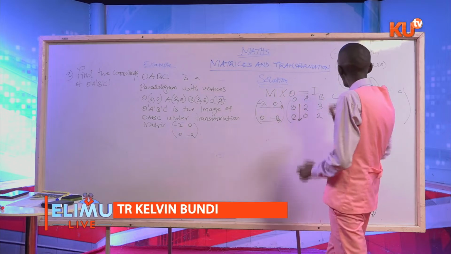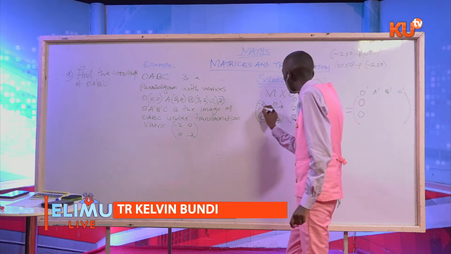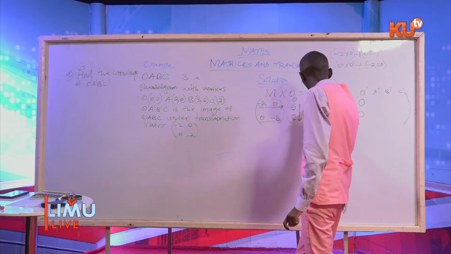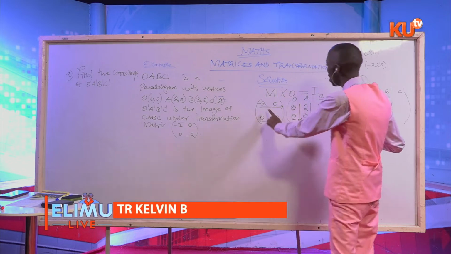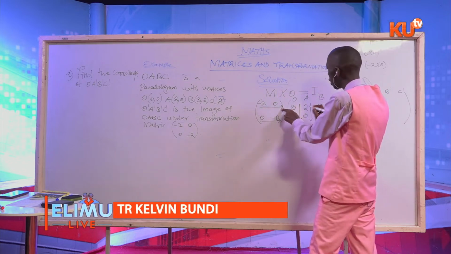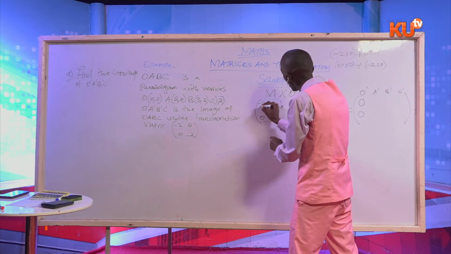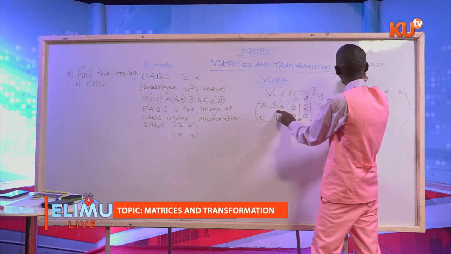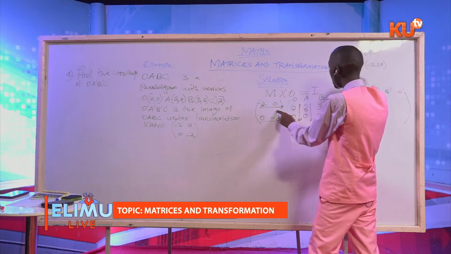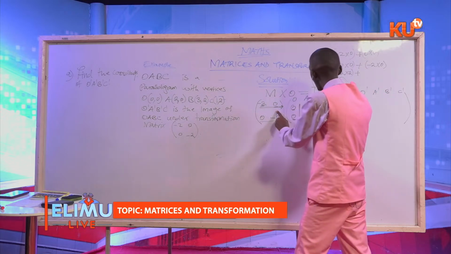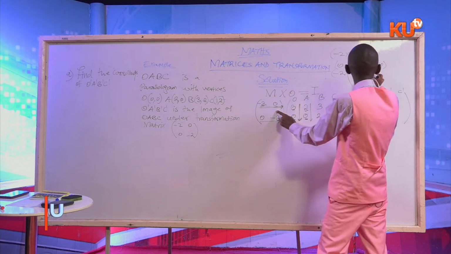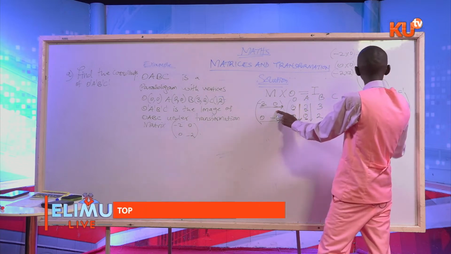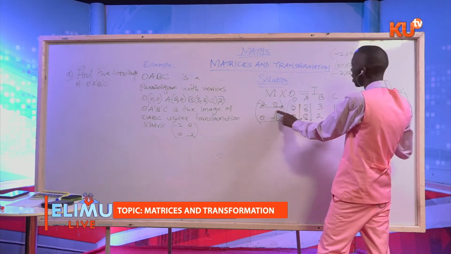We move to A prime. First row, second column, my dear students. Negative 2 times 2 plus 0 times 0 will give us negative 4.